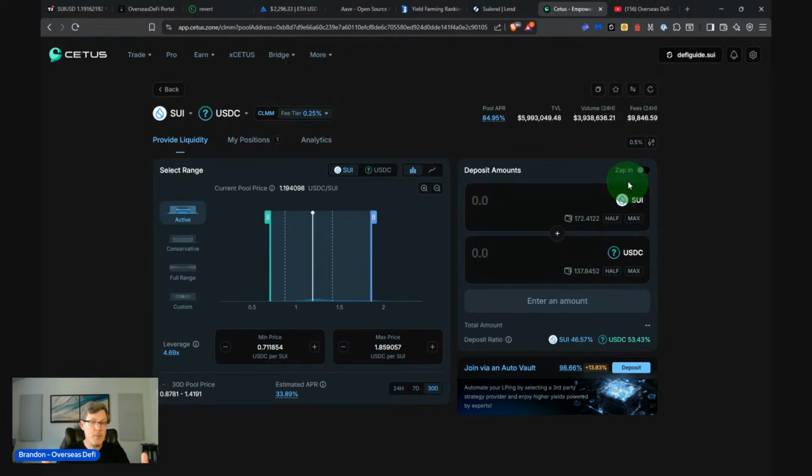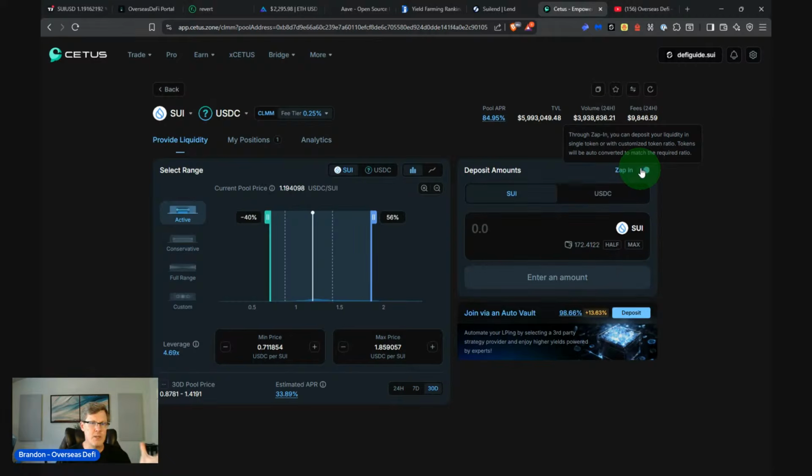If you're setting up a liquidity position, you need both. And you have to balance it out based on where's the top of your range, where's the bottom of your range, and where's the price currently trading, right? Without the zapping function, you had to figure that out and do the math. Not difficult, but the zapping function just makes it so much easier.